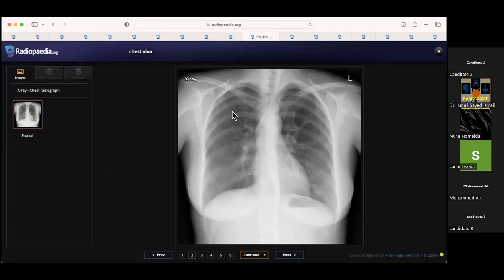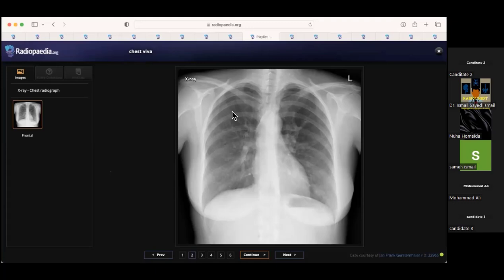I can see there is a left upper lobe tubular opacity. The right lung is unremarkable. The left hilum is bulky.